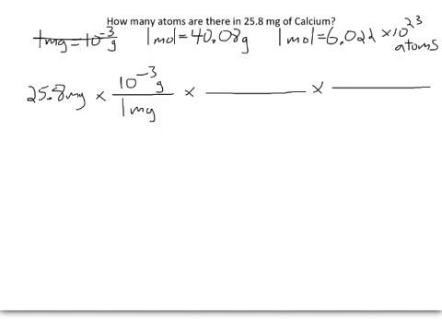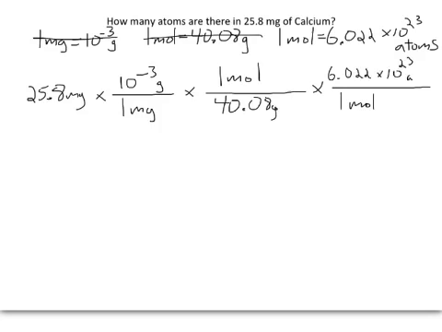So I'll use my molar mass, and 40.08 grams will go in the denominator. I get 1 mole in the numerator. So now I've got moles in the numerator. I now need moles in the denominator. So I'll use Avogadro's number, and I'll end up with 1 mole, and then all right, so let's check and make sure all our units cancel out.